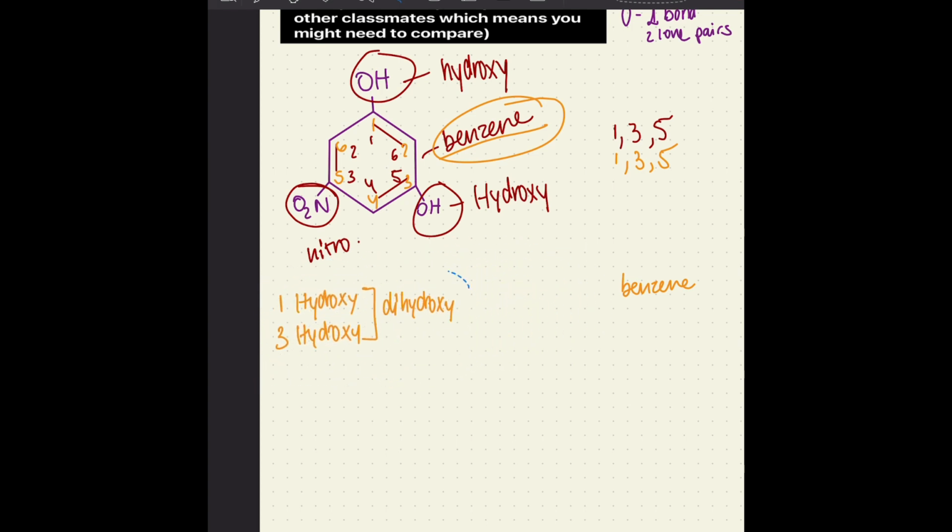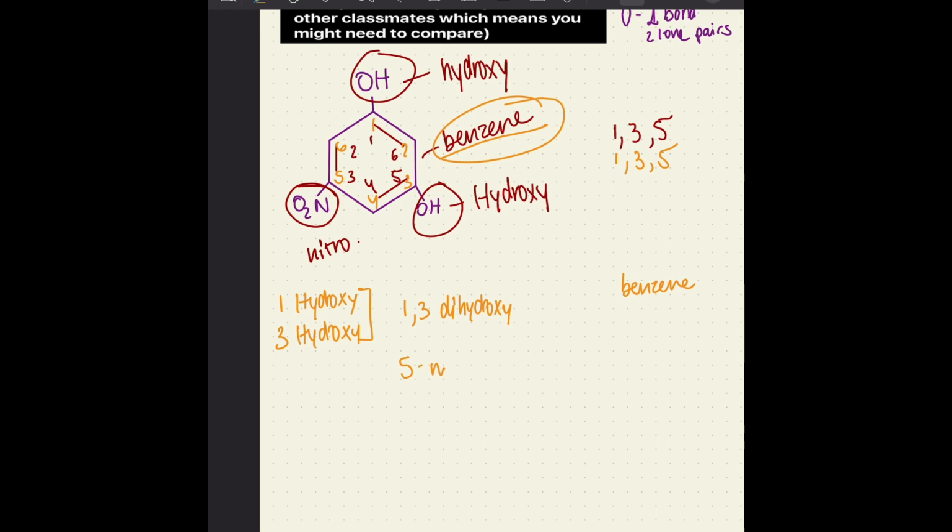Let me just move it because I don't have space. It feels disorganized. So then, yes, it's 1,3-dihydroxy. I'm not sure if I'm pronouncing it right. But then the only one that is left is 5 for the nitro, the only one that was able to be there.